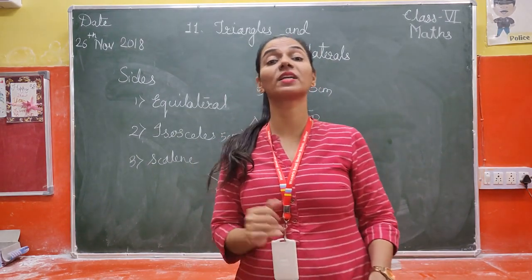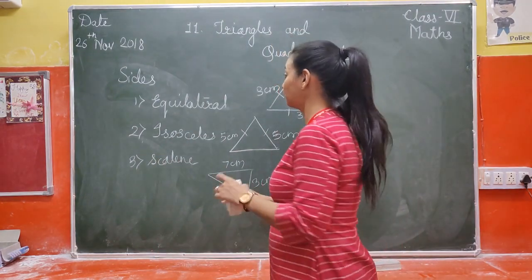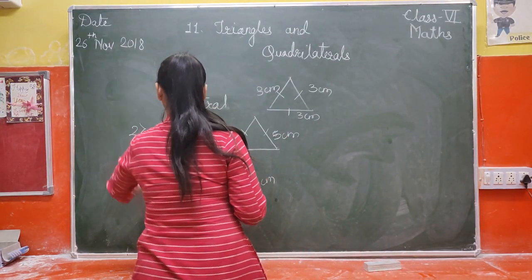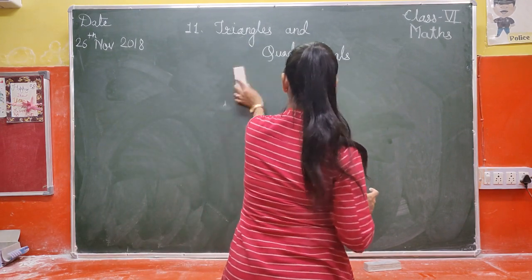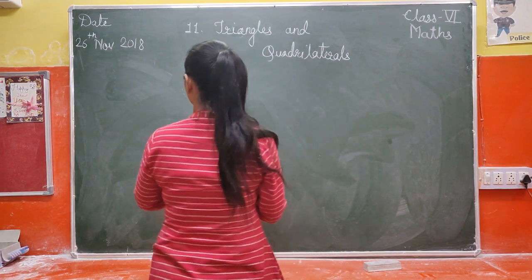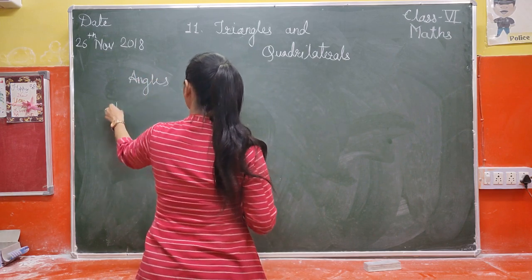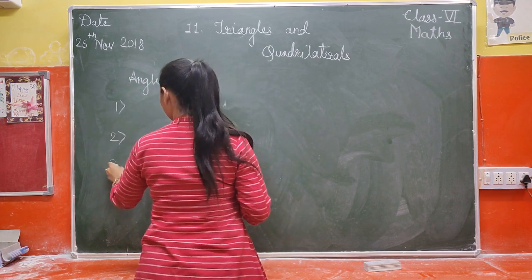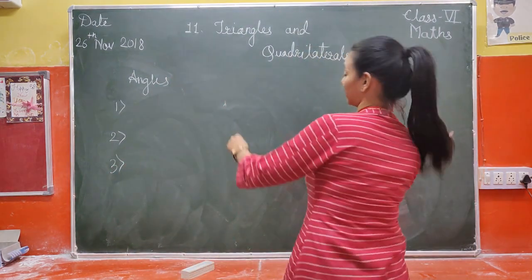But they are also classified according to their angles. Let us see what they are. There are three types of triangles. First is acute angle triangle.